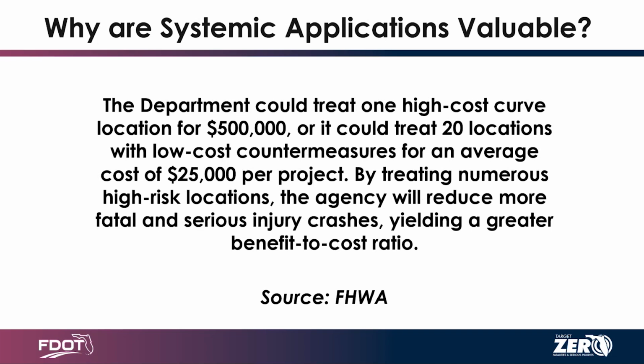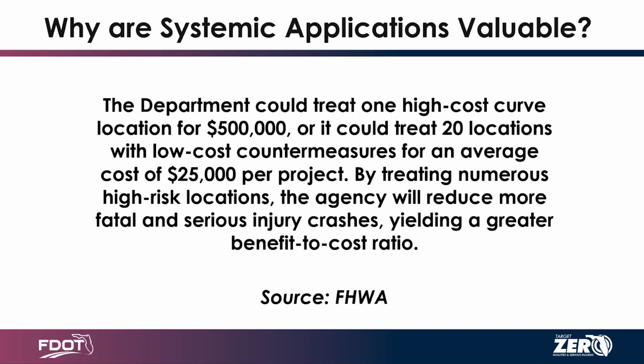FHWA, just to give an example of cost, when we get to the systemic, you could treat one high cost curve for $500,000, or you could treat 20 locations for an average of $25,000. When you do the multiple locations, with the systemic at least, while you may not solve every crash at that location, when you look at the whole, that's what you're looking at.